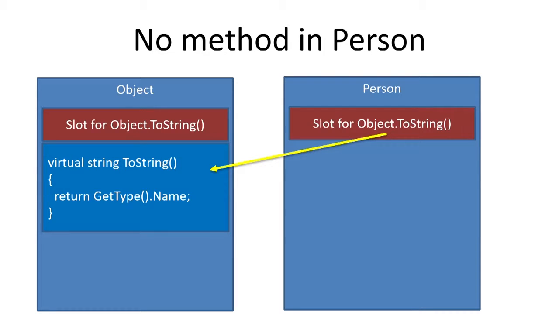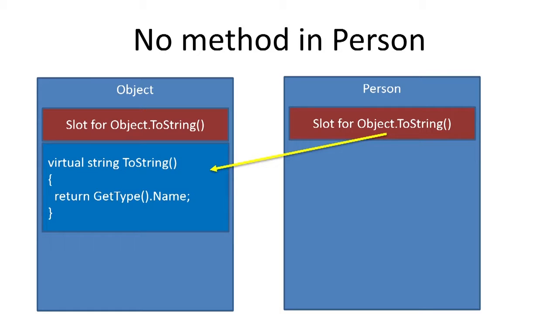It has a slot for a virtual method called toString. Now, if we had no method at all in person, as we did at the beginning of this video, we had no toString method at all, then person would contain a slot for the toString method because it inherits it from object. Now, this is a virtual method, so the contents of that slot are determined at runtime.